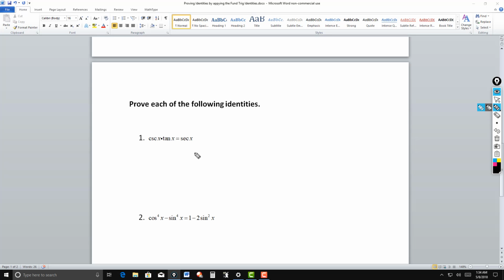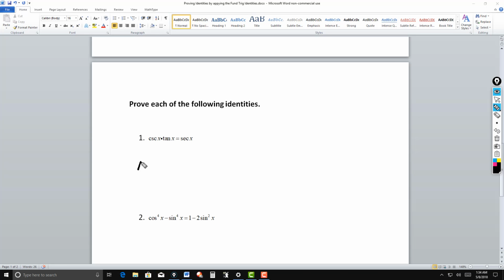To verify or prove an identity, the general procedure is to start with one side and show how you get the other side. It doesn't matter whether you start with the left side or the right side, but never start with the equality, because if you start multiplying both sides by something, you're already assuming the identity is true. So you're trying to prove it.